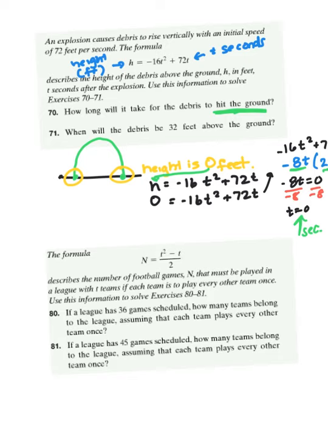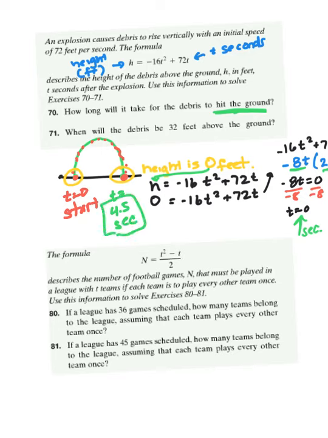When t equals 0, that means when we started. It started at the ground. And then how long did it take to hit the ground again? That took 4.5 seconds.